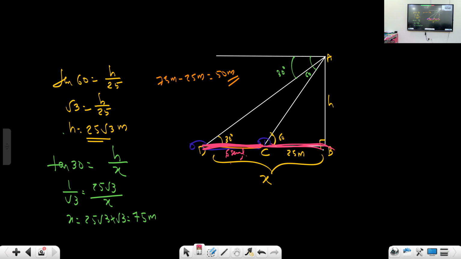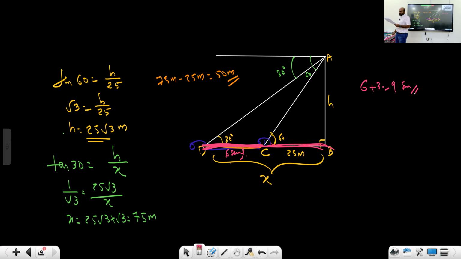Therefore, for 25 meter, it will take how much time? 3 seconds. Therefore, the total time required to reach is 6 plus 3, 9 seconds.